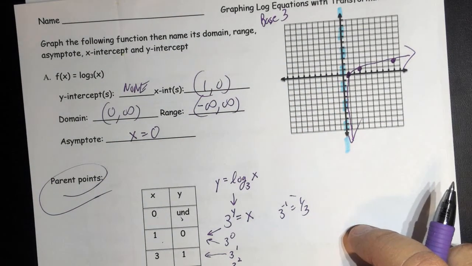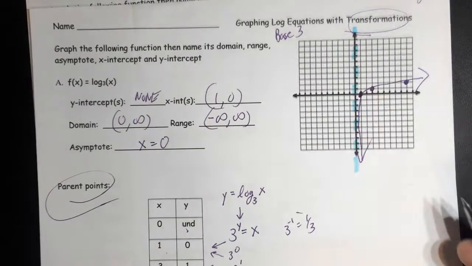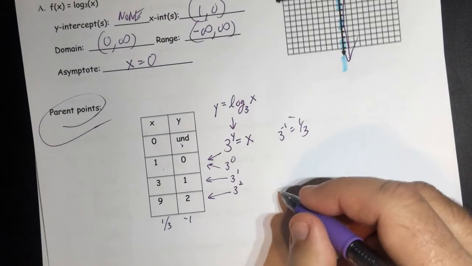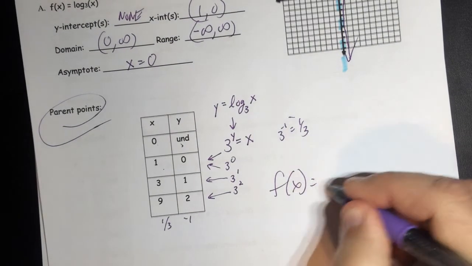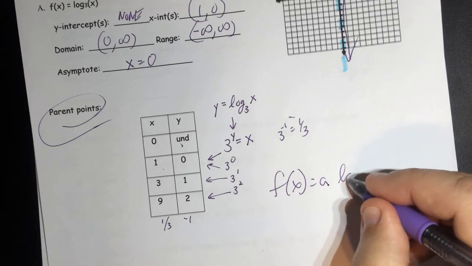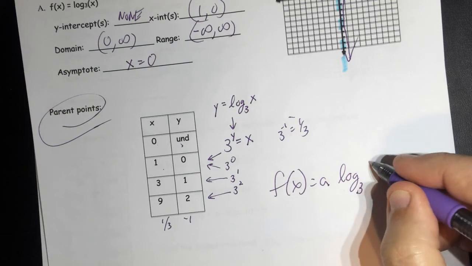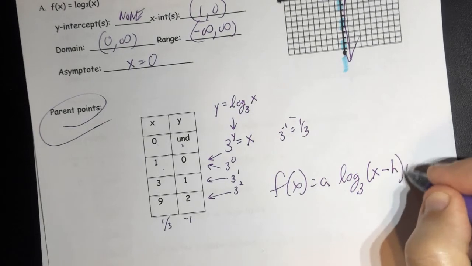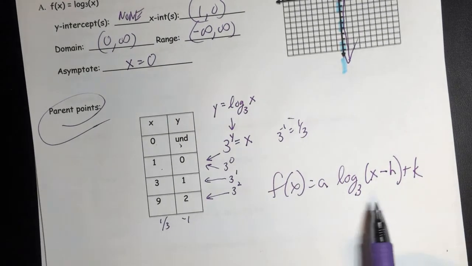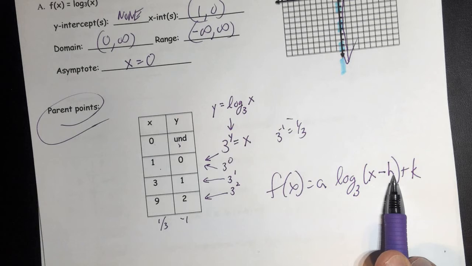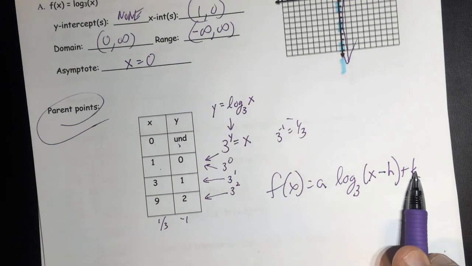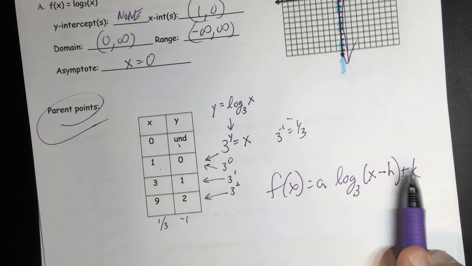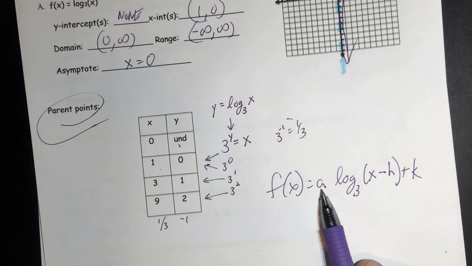Now from that we want to talk about the transformation. If you remember transformations, you're going to have a times the log, and we're talking about base 3 of x minus h, plus k, in which whatever number goes with h is your left-right, and k is your up-down. And a is your vertical stretch or compression.